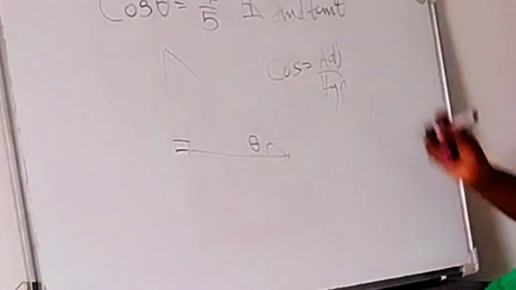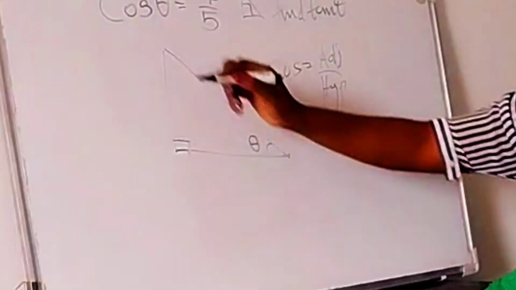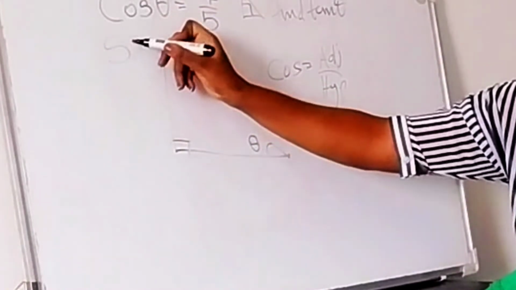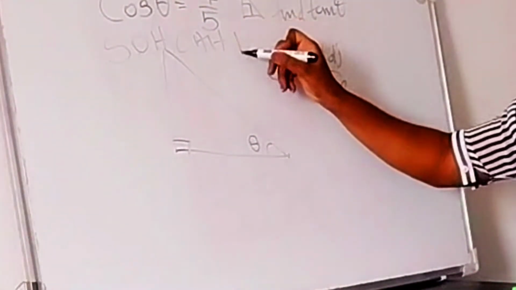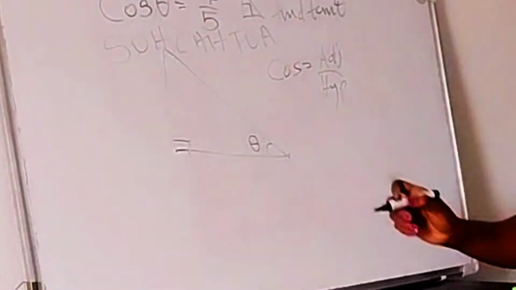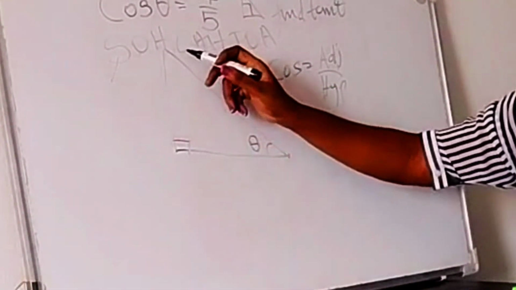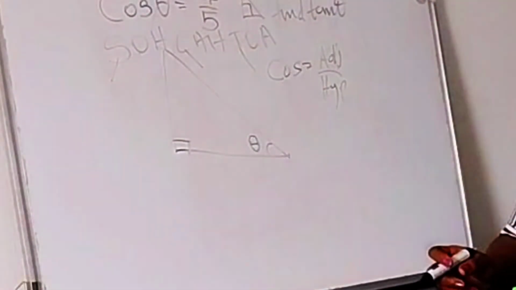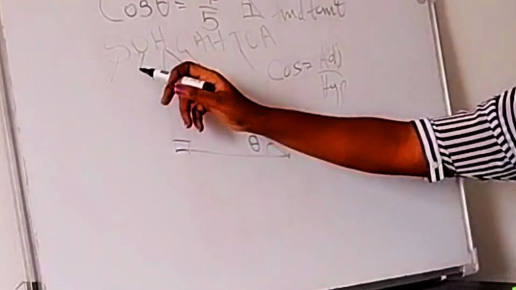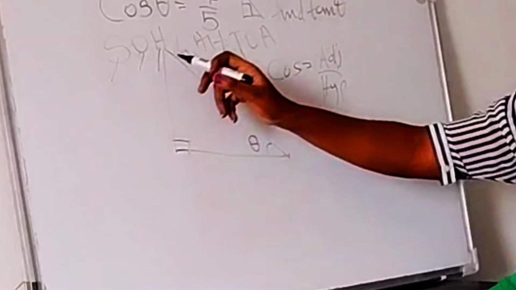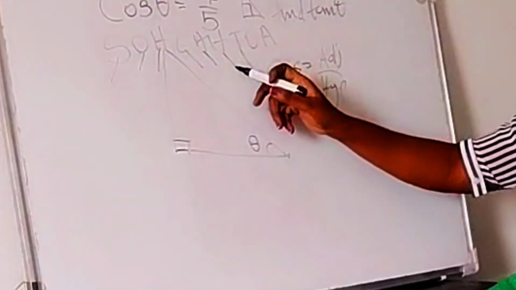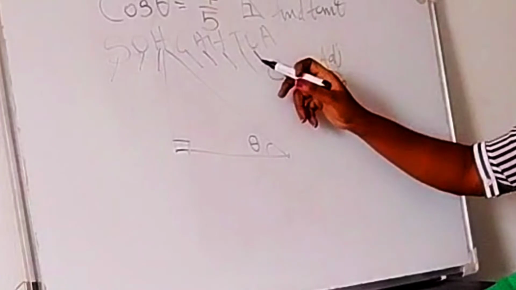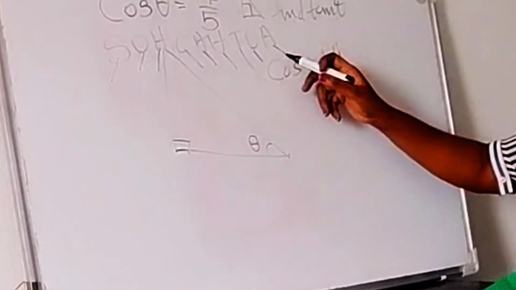Because we use this acronym. So that means sine, cos, and tan. The O stands for opposite, the H stands for hypotenuse, the A stands for adjacent, the H stands for hypotenuse, T stands for opposite, A stands for adjacent.